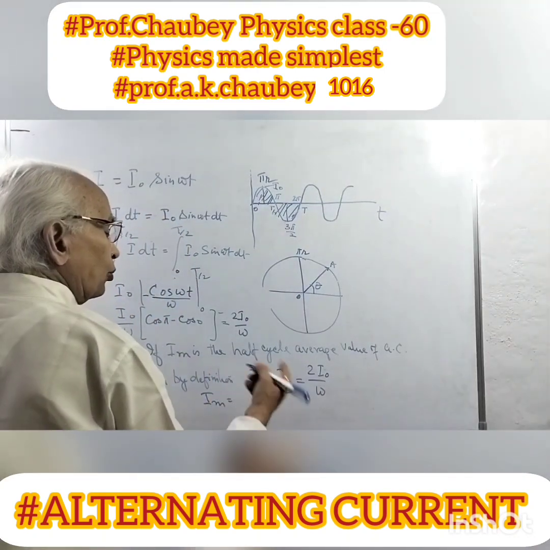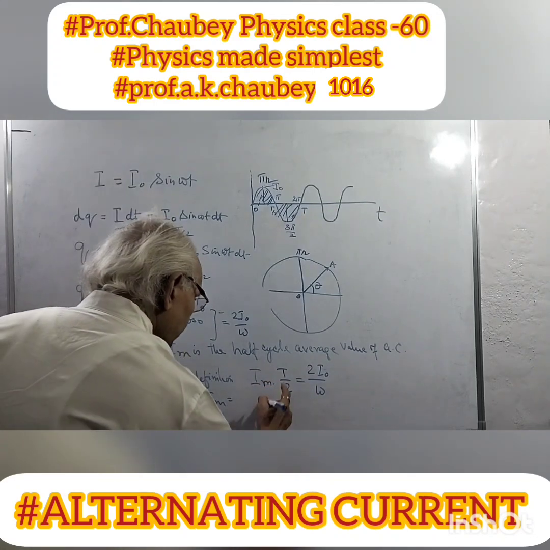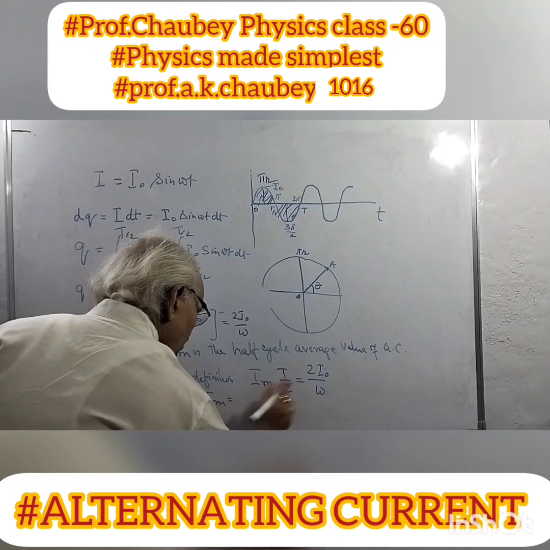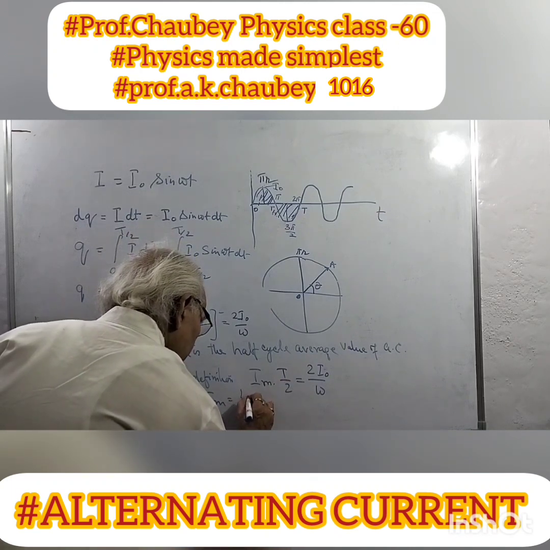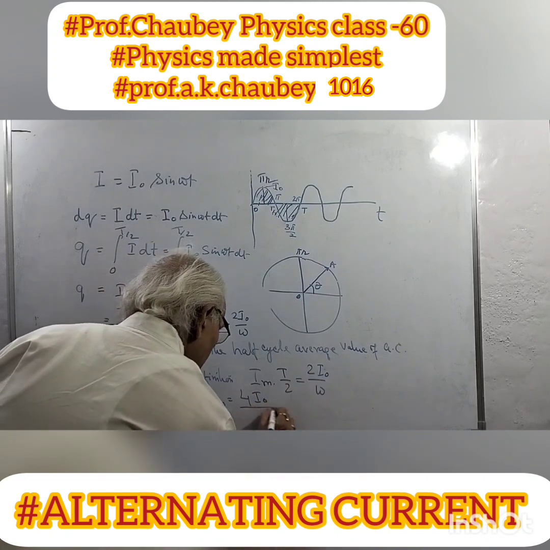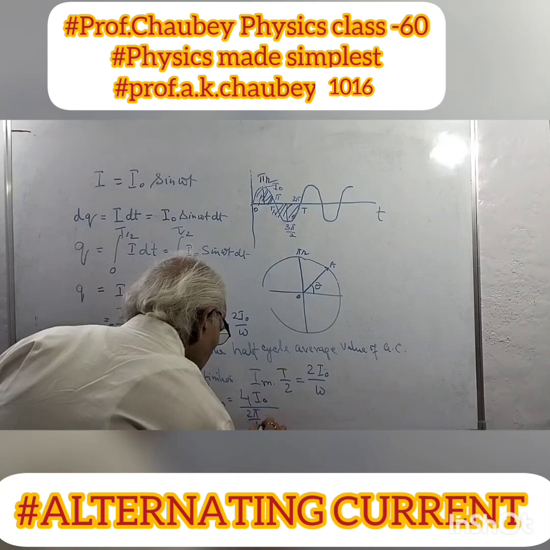Here T is equal to 2 pi over omega. So Im is equal to 4 I naught over omega times 2 pi over omega.